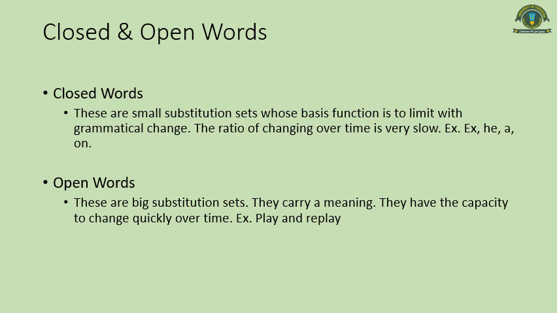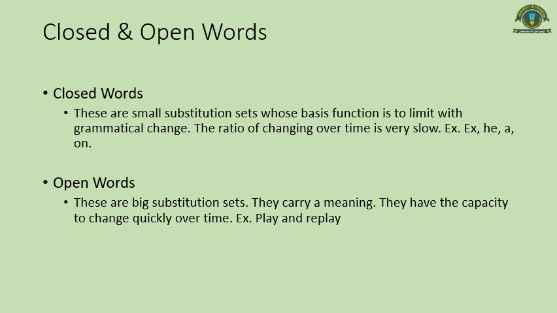Because of derivation and compounding you can create any number of words, and we are going to see these ways of coining new words. So this is another way of classifying words in morphology.